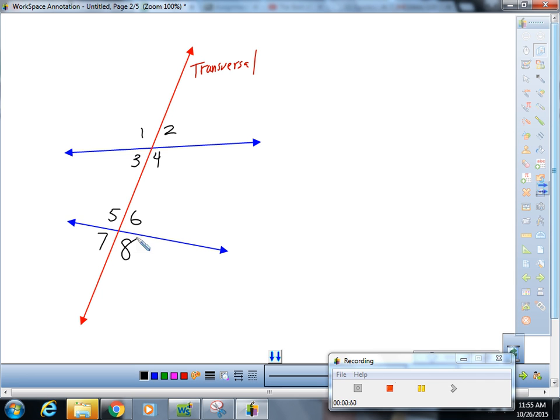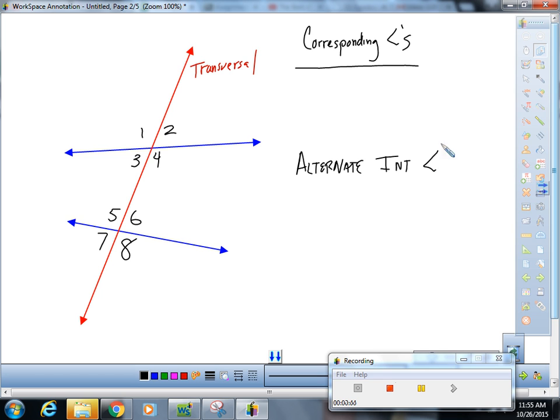So, let's list some corresponding angles, some alternate interior angles, and some alternate exterior angles. We are not going to say anything about their congruence because we don't think that these blue lines are parallel.